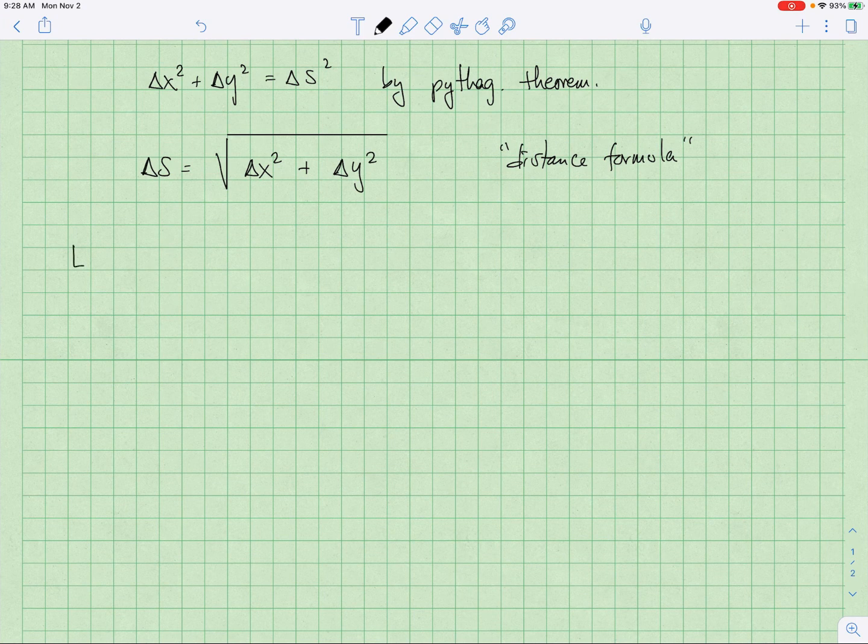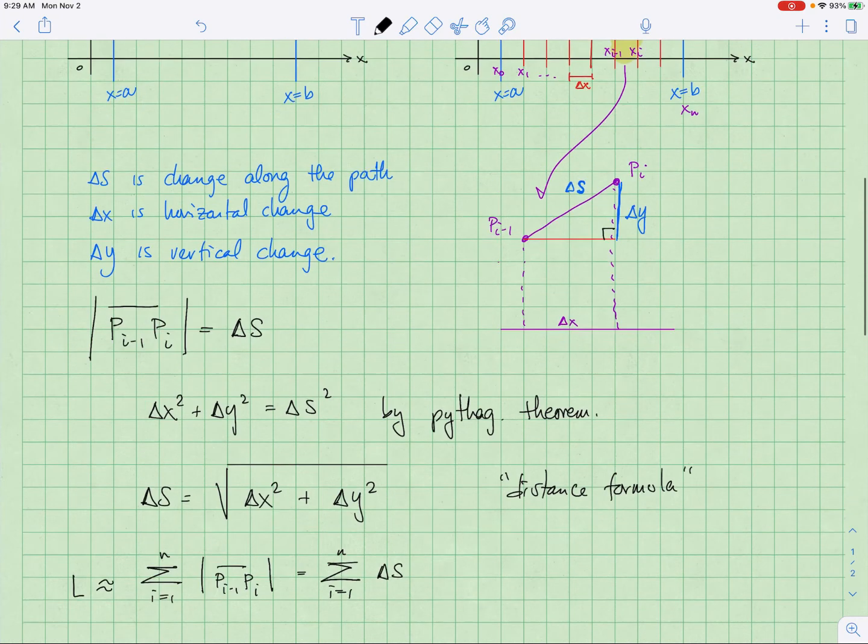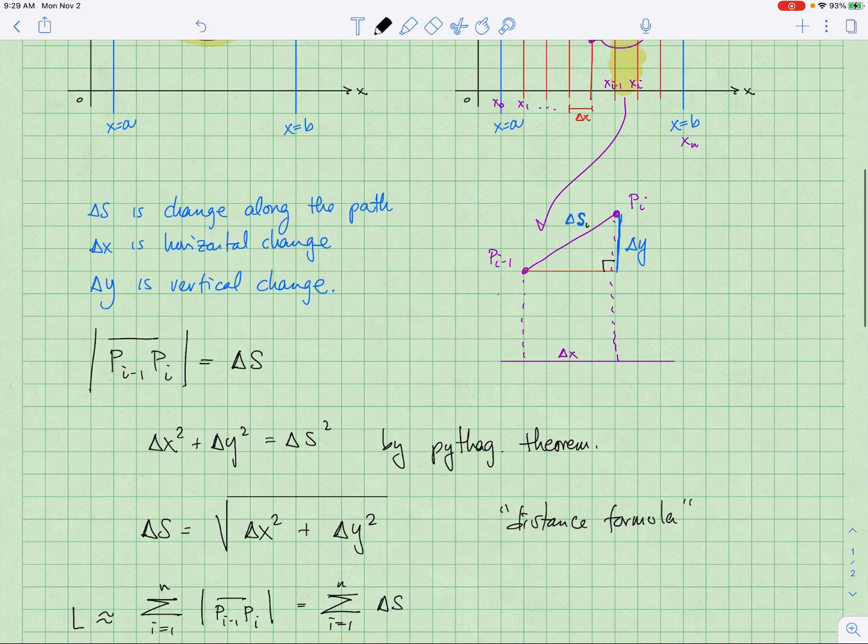And L is approximately the sum from i equals 1 to n of all of these little line segment lengths. Or if you like, it is the sum from i equals 1 to n of each one of those little delta s's. So let's call this delta s sub i, delta y sub i in the ith interval.